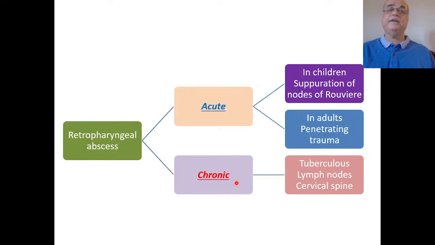So in children, if it is a chronic retropharyngeal abscess, that will be due to tuberculosis of the lymph nodes of Rouviere, secondary to cervical lymph node tuberculosis. While in adults, again I am reiterating, it will be chronic abscess formation in the prevertebral space, and that will be due to caries of the cervical spine.